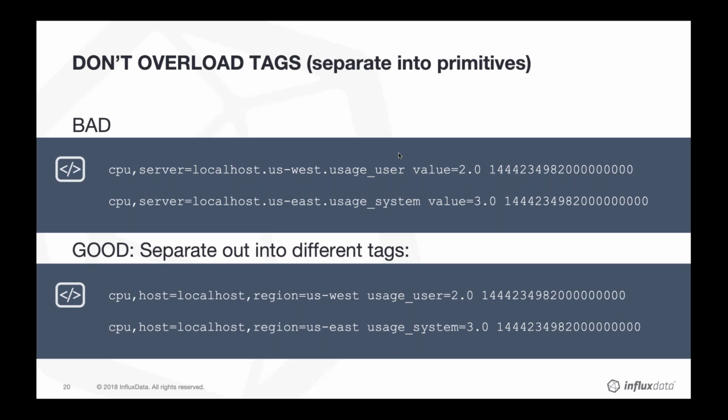So now if I want to group by either server or host or both, I have to use regex. So instead, what we want to do is separate that out. These good lines here are showing you that these tags can be separated out into primitives. And again, we've pivoted the field information into the field key itself.